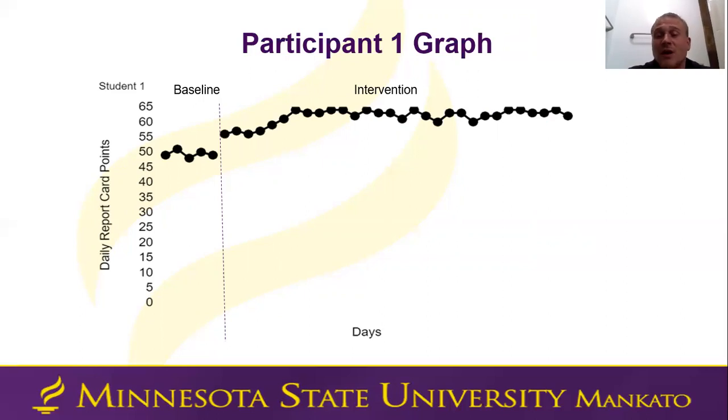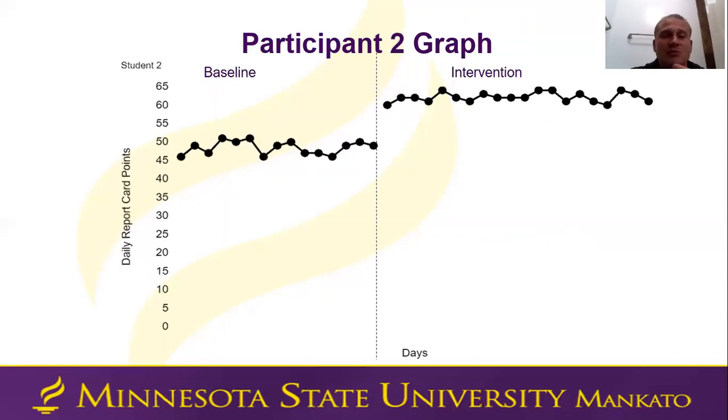After that, you could see a stable trend of fluctuating between 60 and 64 for the following days after the first week. So they did have a stable trend after that first week of the implementation, and they remained meeting their goal of 60 to 64 points throughout the rest of that intervention. There was 100% non-overlapping data as well, which we will discuss after we look at these graphs.